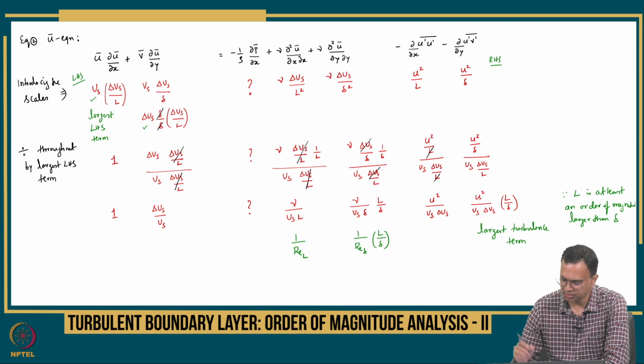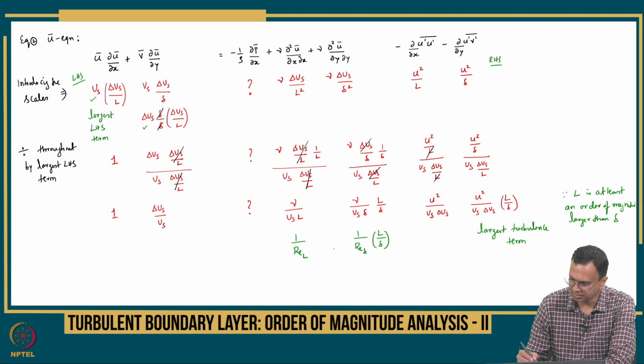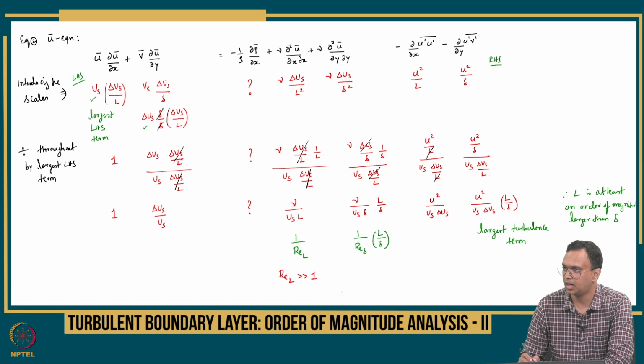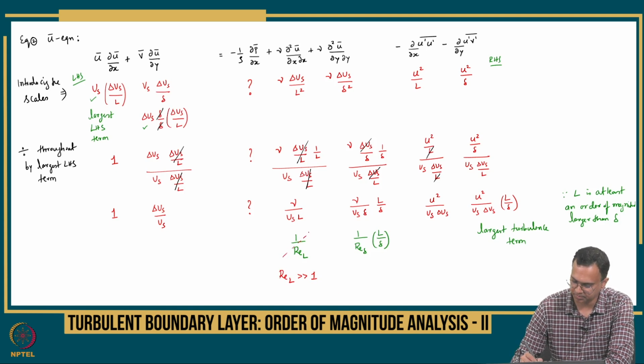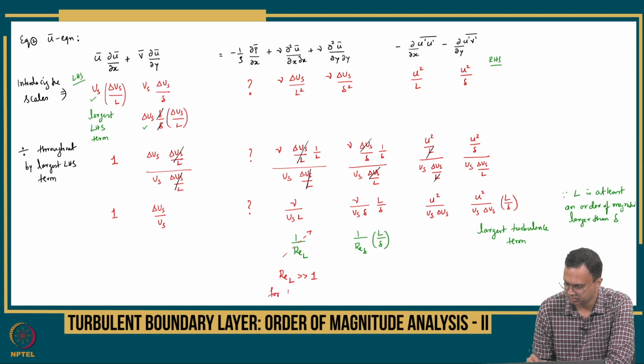So now there is a competition between the largest turbulence term and the other two viscous terms. Obviously 1 by Re_L cannot compete here for large Reynolds numbers. Okay, if I have Reynolds numbers being very large, so for let's say Re_L is very large, high Reynolds numbers, this term becomes negligible. Okay, for high Reynolds numbers.